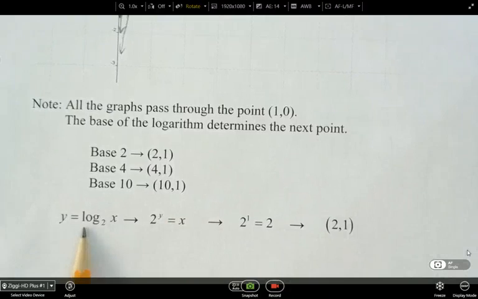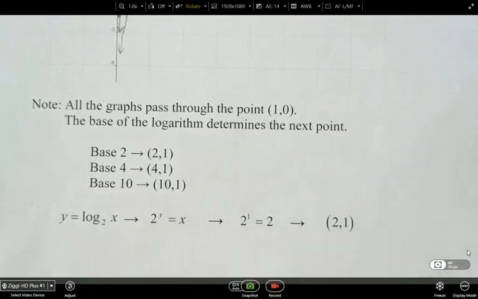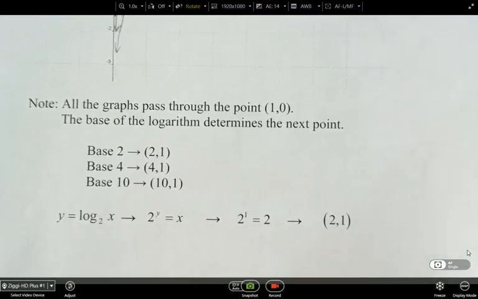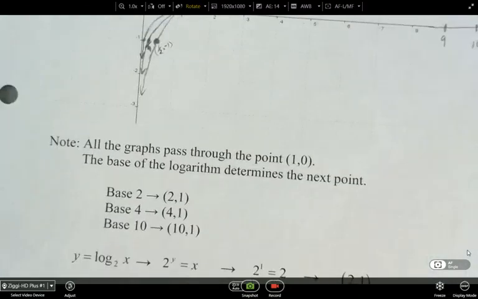And the reason why is if we switch this to exponential form, it's what we're looking for. We've got the x value here and the y value there, so the x value corresponds with the y value to get 1, right? Okay, awesome.